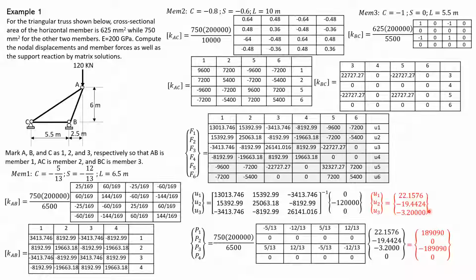Or you draw a member, then 189,090 is positive, so that means it is directed from 1 to 2 going in the direction of B. Then negative 189,090 would be going opposite to that direction, so that's why member AB is in compression.